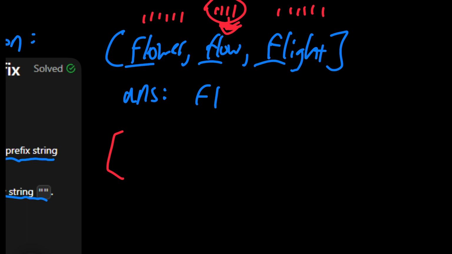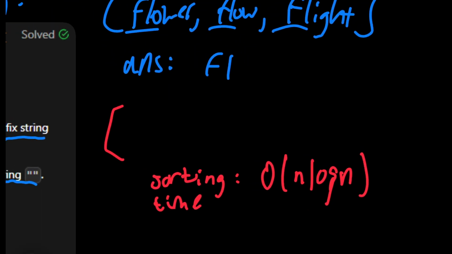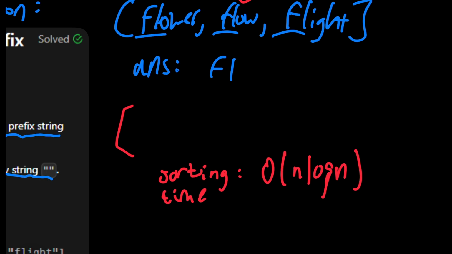There's a lot of problems that don't use sorting because sorting is O of n log n time complexity, and that is not the best time complexity for a lot of problems. A lot of problems you're really shooting for O of n. But in this case, sorting can actually do wonders. It might not be the best time complexity, but it makes this problem very simple. So what if we sorted this array?